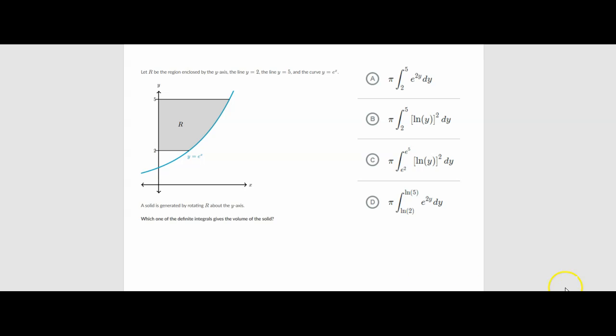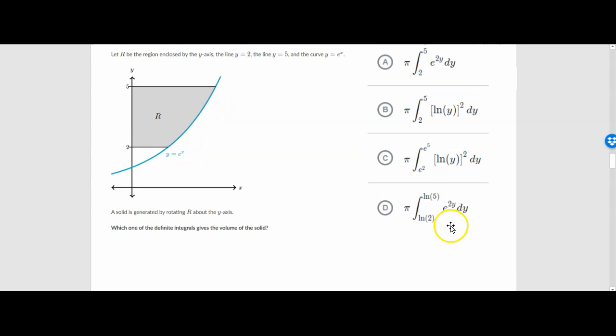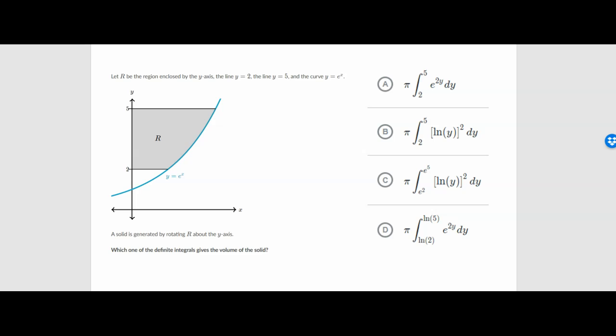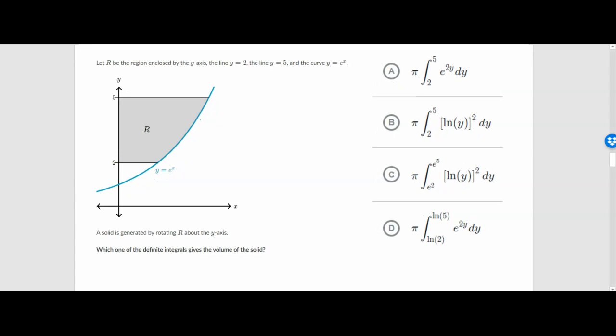It says let R be the region enclosed by the y-axis, the line y equals 2, and the line y equals 5, and the curve y equals e to the x. This solid is generated by rotating R around the y-axis, and we need to find out which of these integrals would give the volume of the solid. Well, let's give a little visual. Taking a point, going to rotate it 360 degrees around.